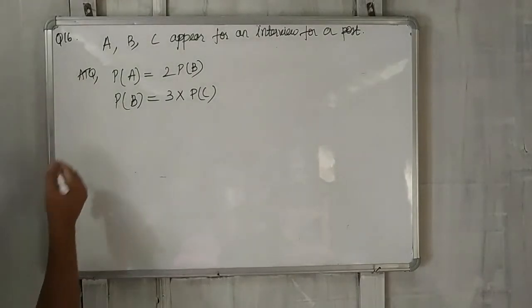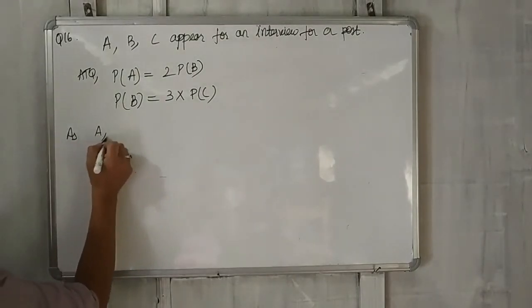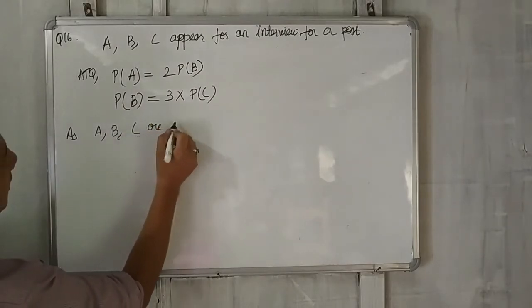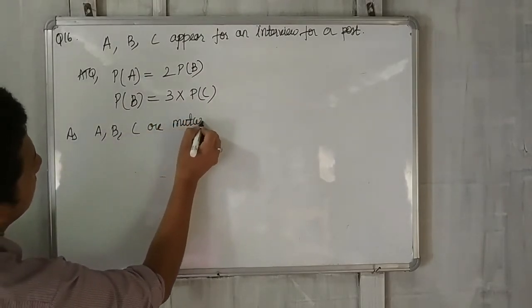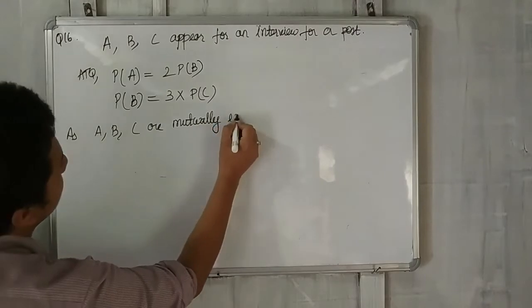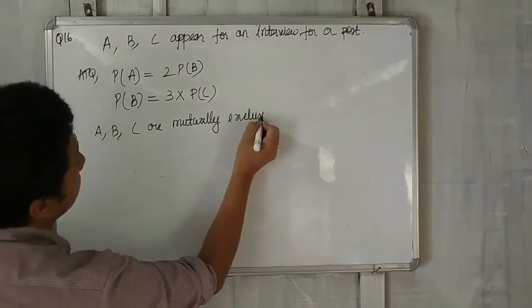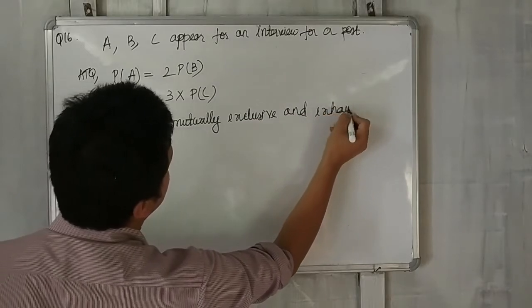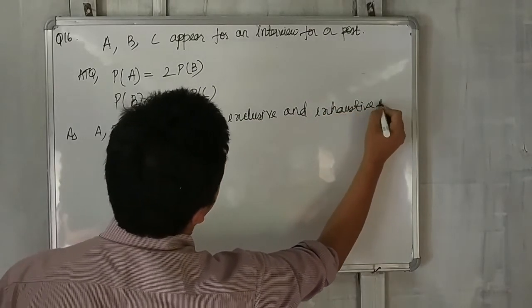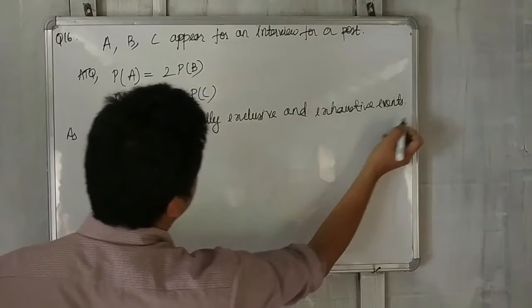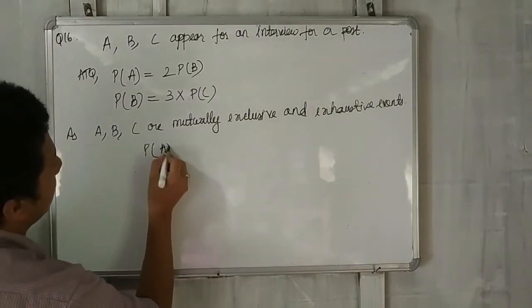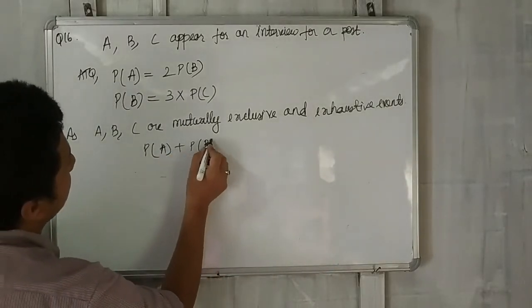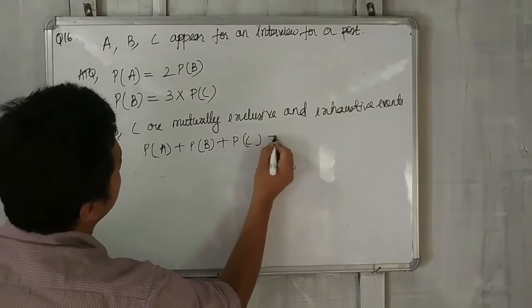So we can write A, B, C are mutually exclusive and exhaustive events. We can write probability of A plus probability of B plus probability of C is equal to 1.